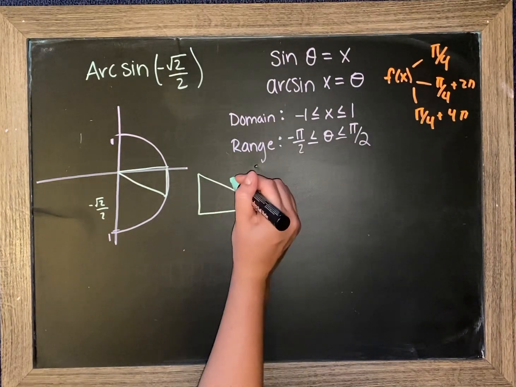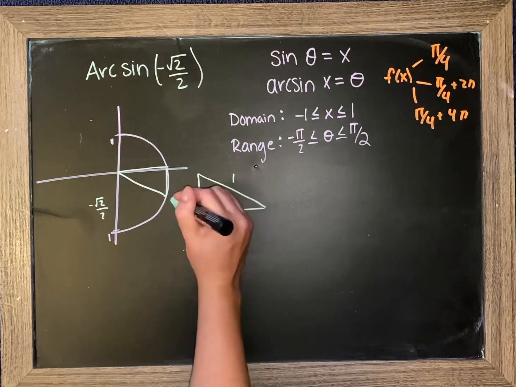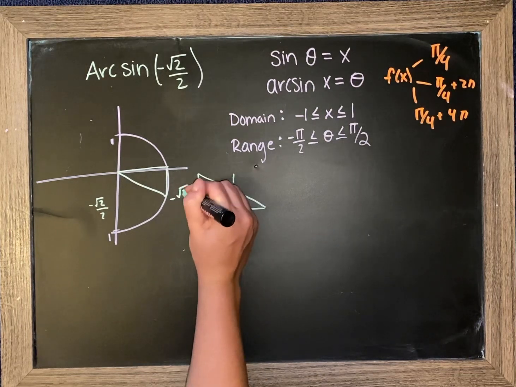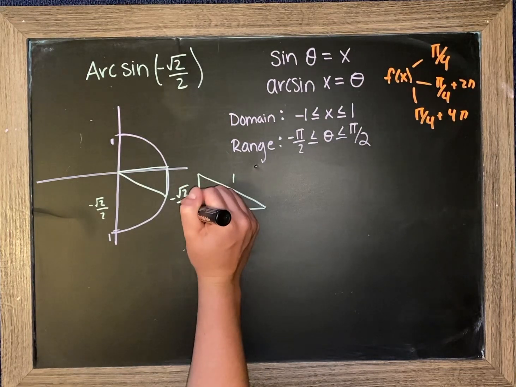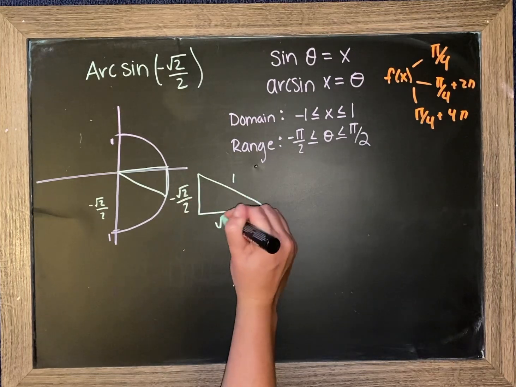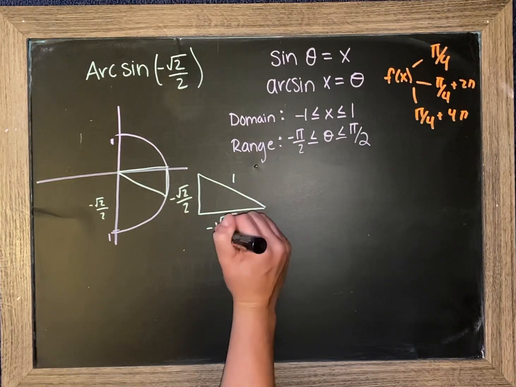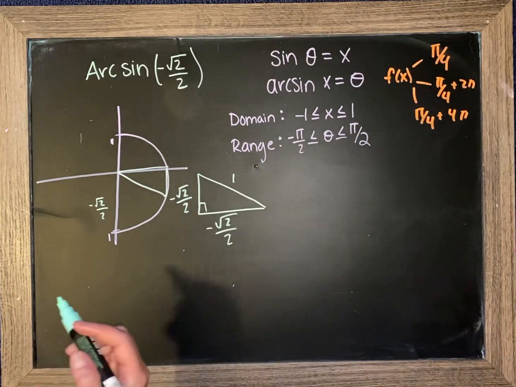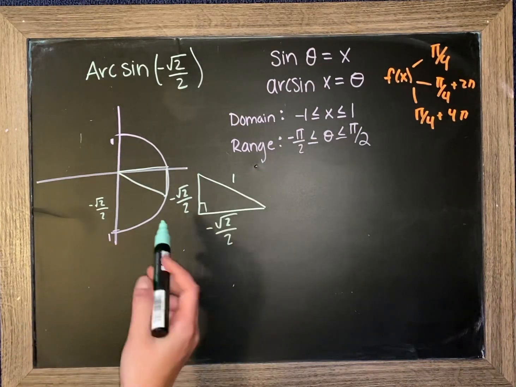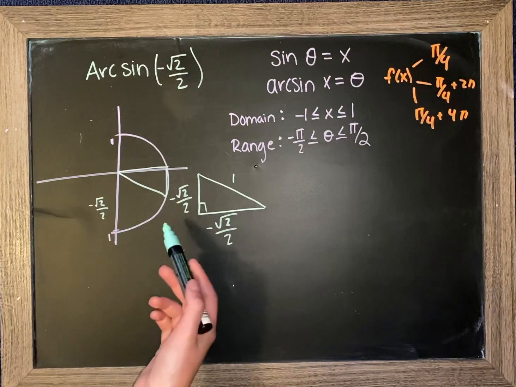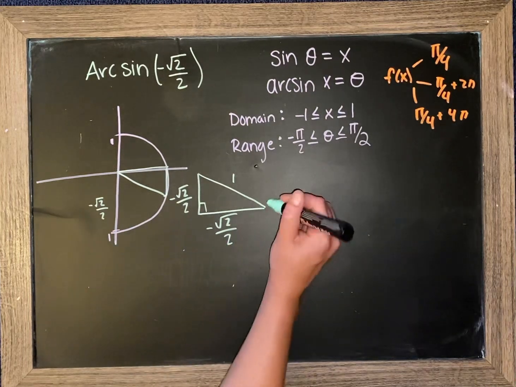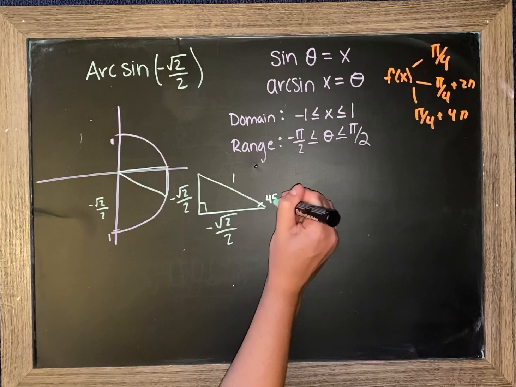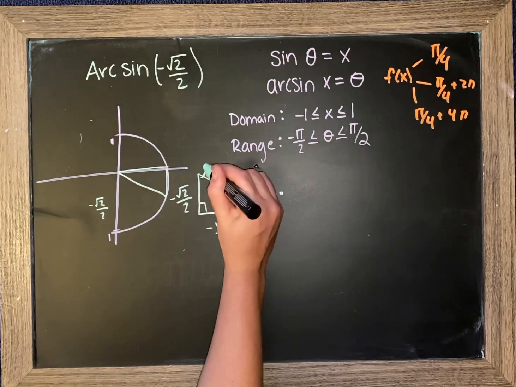So the radius is going to be 1, which is our hypotenuse. We have negative root 2 over 2, and then we also have negative root 2 over 2. Here's our 90-degree angle. And then what angle gives you negative root 2 over 2 or root 2 over 2? It's a 45-degree angle.